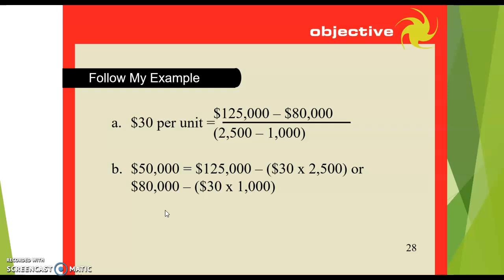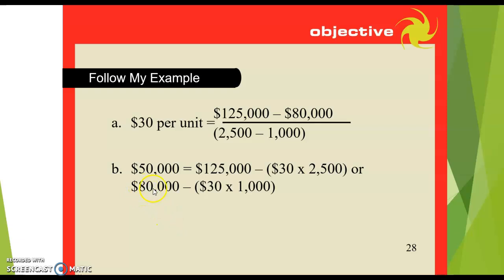Now this part figures out the fixed cost. If I choose the high month, that's February, we take the total cost, $125,000, minus the variable total cost, which is the $30 that we just calculated times February's number of units, 2,500. If I calculate that all out, I get $50,000 is my fixed cost. I could have used the low month. That was January.